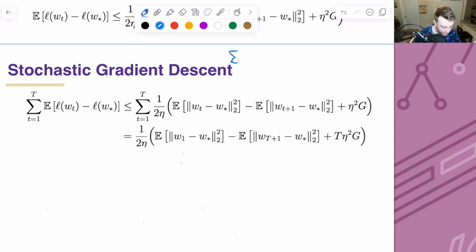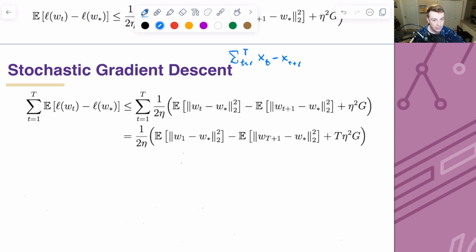Suppose I had the sum from t equals 1 to capital T of x_t minus x_{t+1}. On the first iteration, t is 1, so we have x_1 minus x_2.